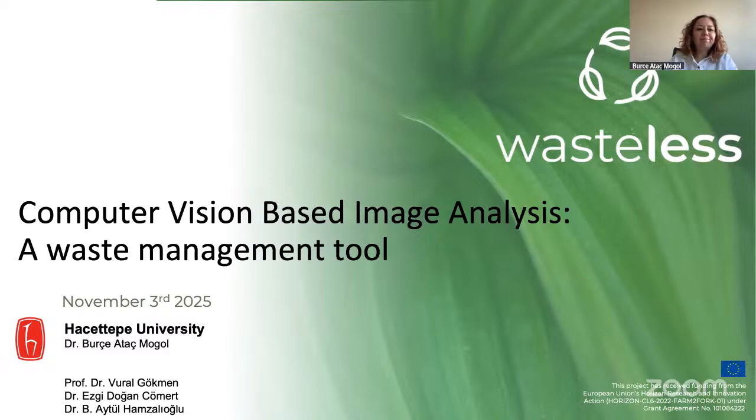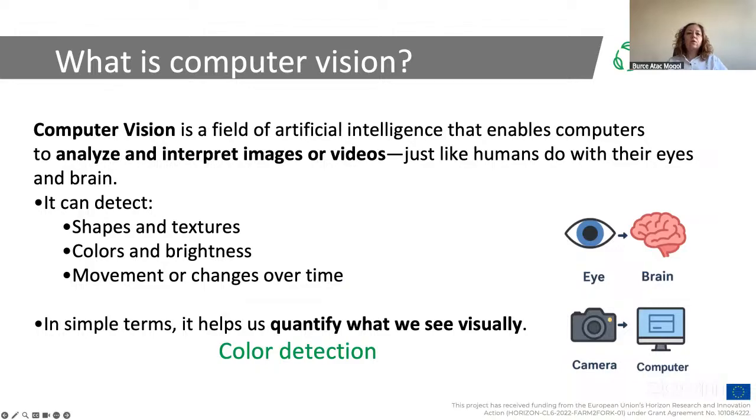Good morning. My name is Burçe from Hacettepe University, and today I'm going to tell you about the tool that we have developed, a waste management tool, which is based on image analysis. First of all, I'd like to start with what computer vision is.